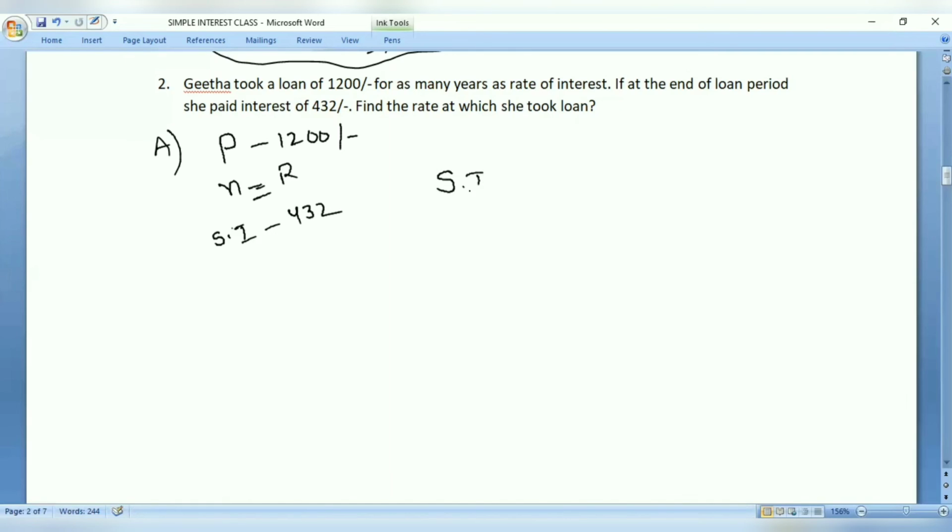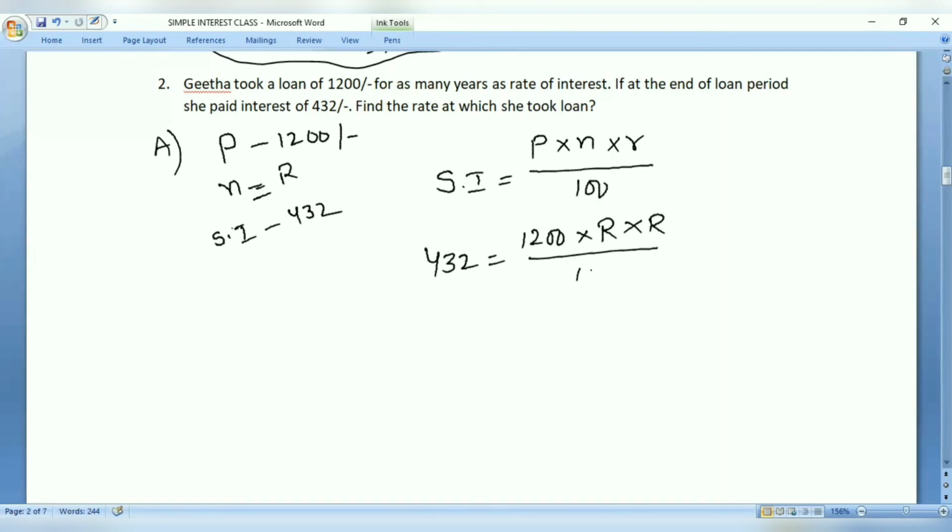Now with the formula SI equals P into N into R divided by 100. Simple interest we know that is 432 rupees. Principal we know that is 1,200. In the place of number of years and rate of interest, as both are same, let us write it as R into R, divided by 100.